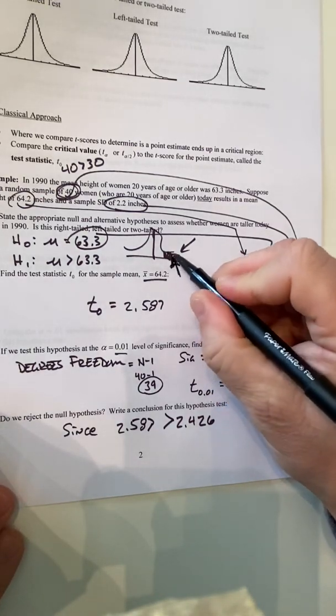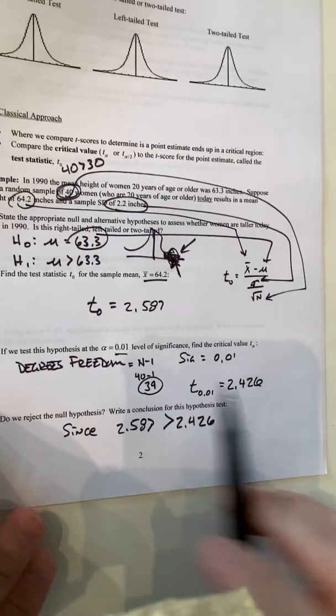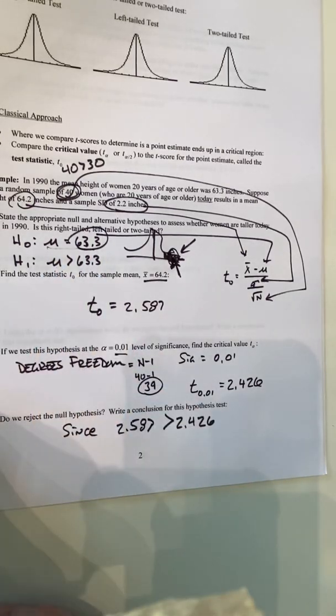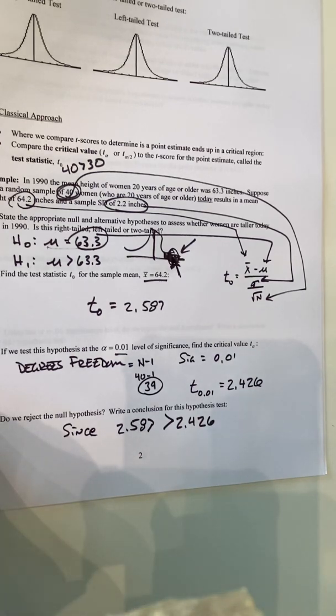The test significance is in that area, so we reject the null hypothesis that it was still 63.3. The conclusion is, we conclude that there is sufficient evidence at the significance level of 0.01 to say that women are taller today than they were in 1990.